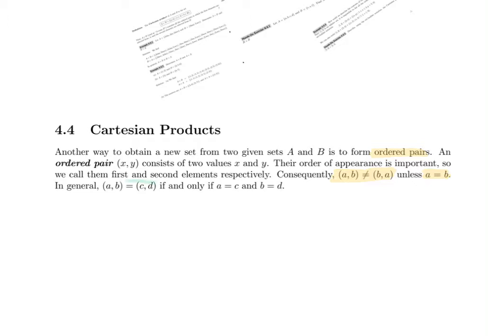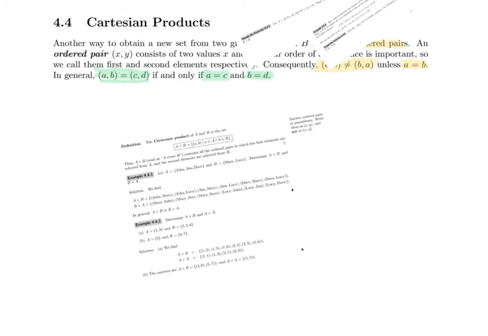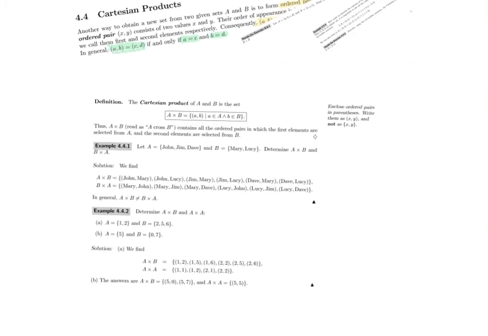And in general, two ordered pairs are the same if and only if the first coordinates are equal to each other and the second coordinates are equal to each other. With that idea in mind, let's look at the formal definition.